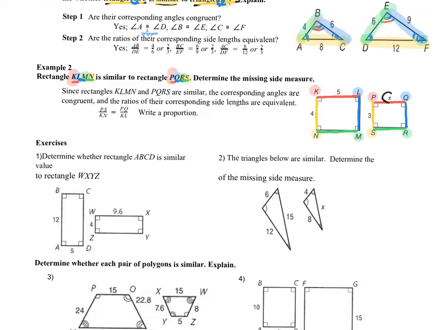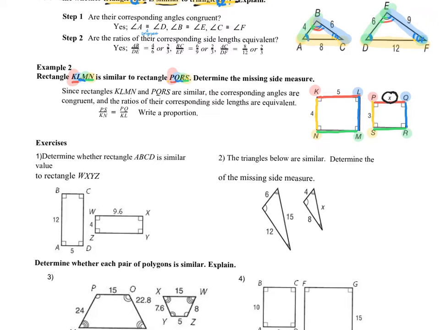They have X right here. So we would set it up as a proportion. With this, you have to have sort of a matching set. I usually do same triangle or same rectangle, same shape, and do the proportional sides together.